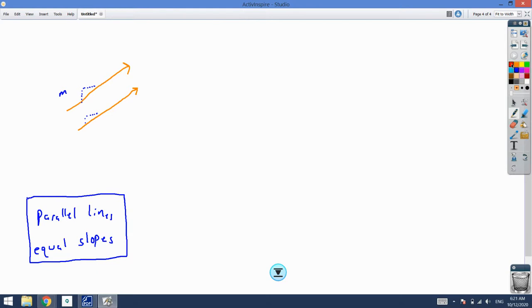And then for perpendicular lines, this is where it gets a little bit trickier.